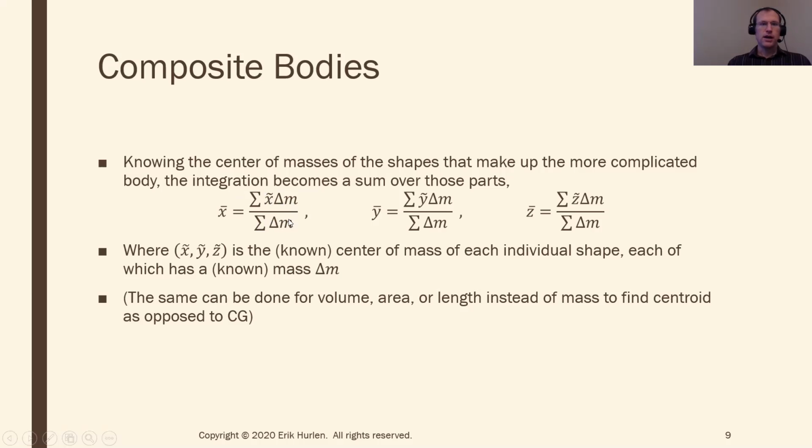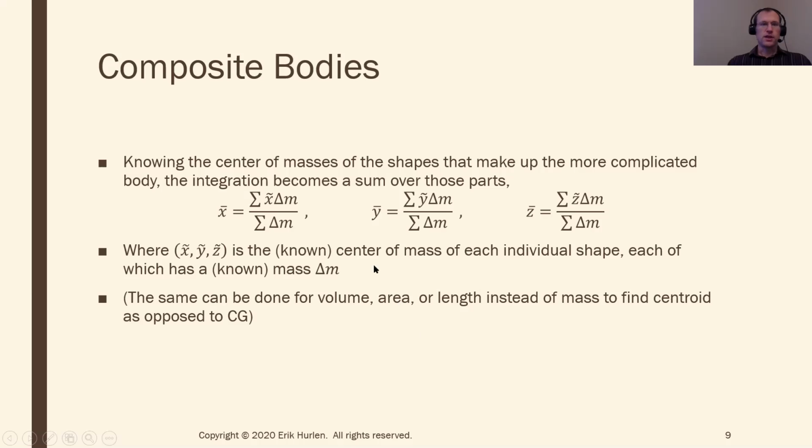And then I divide that by, again, the total mass. So each individual object has some mass delta m, add all those together, get the total mass. So essentially I take centroid value times the mass of each individual object, add all those together, and then divide by the total mass, and that gives me the total centroid value for x, y, and z.